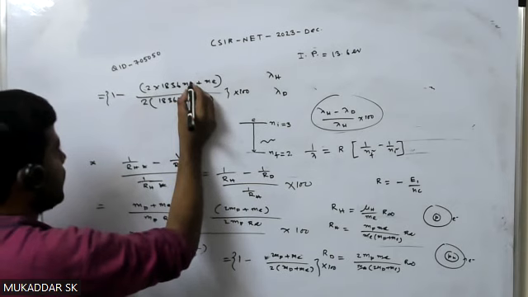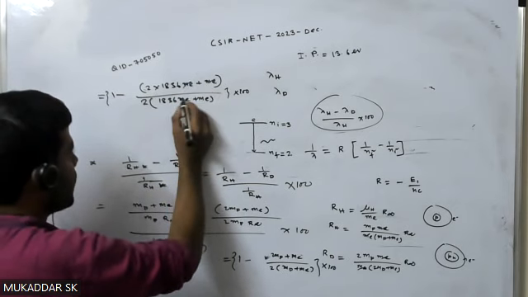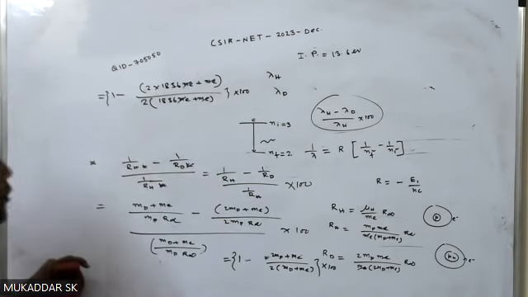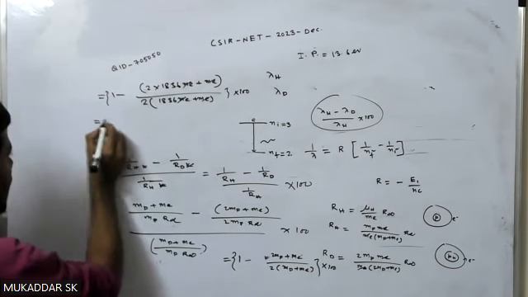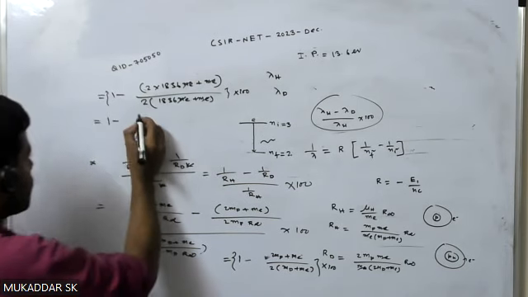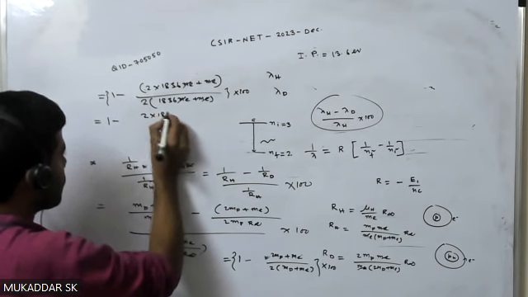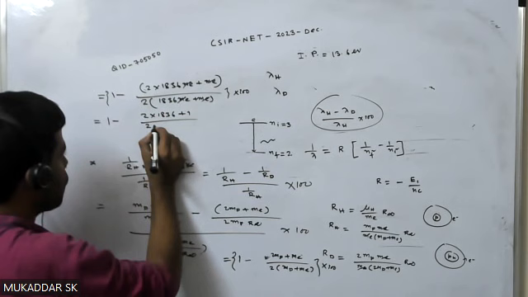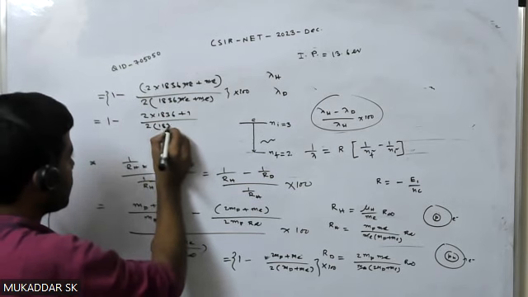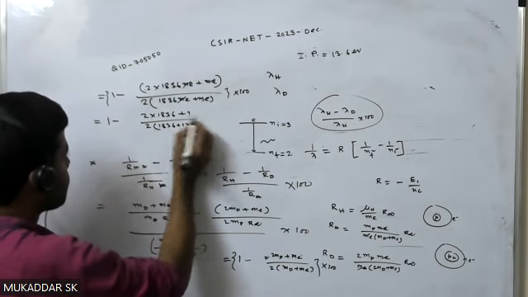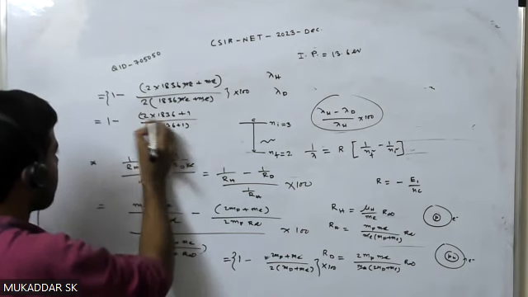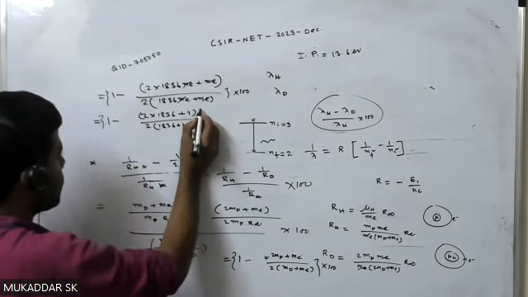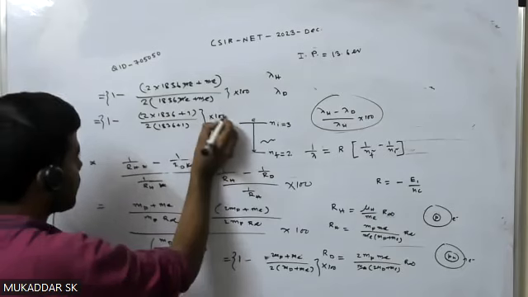Here me is common on top and bottom, so it will cancel. What will we have at the end? 1 minus 2 into 1836 plus 1 divided by 2 into 1836 plus 1, and you have a multiplication of 100.